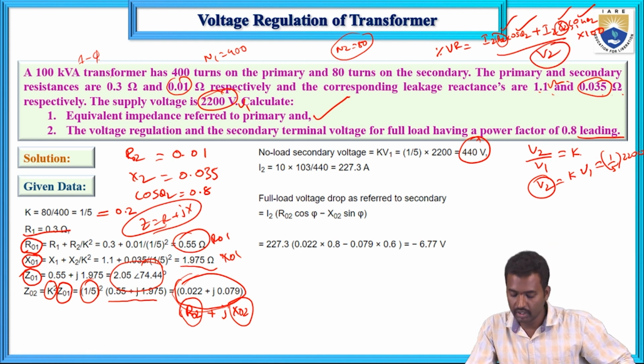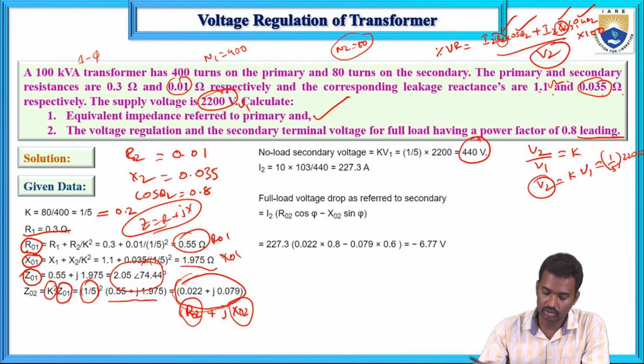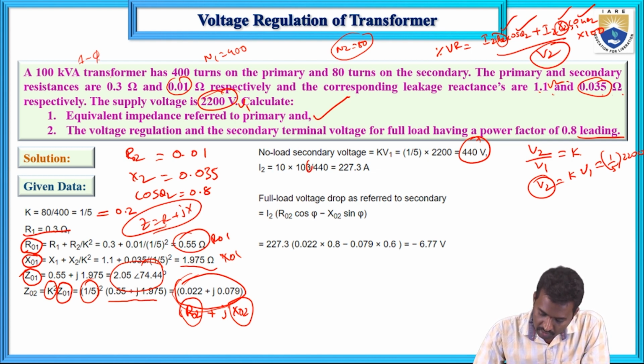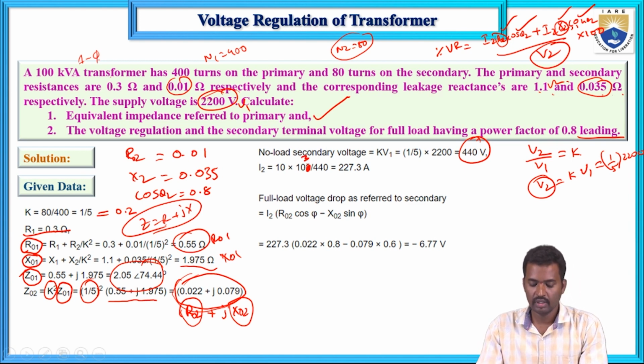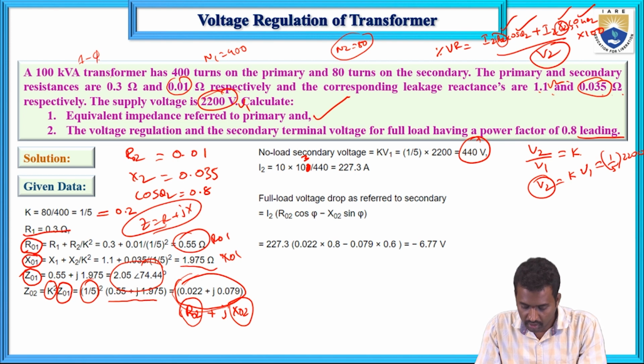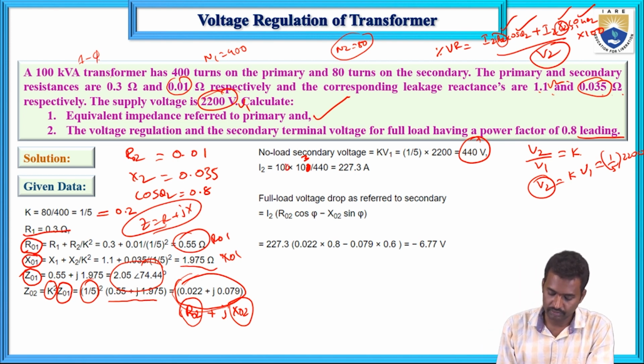So now how will you calculate I2? This is not 10 power 103, it is 10 power 3. So 10 power 3, this one. So not 103. There is a printing mistake. And now here this is a 100 kVA transformer.